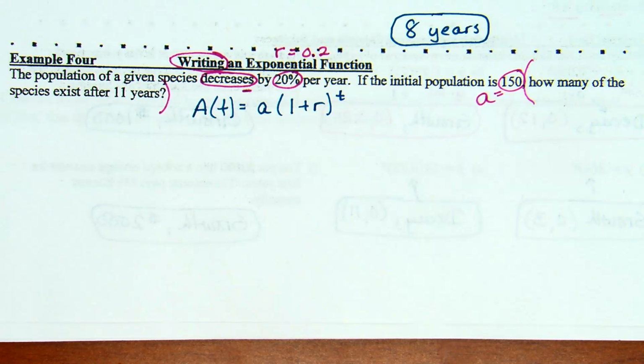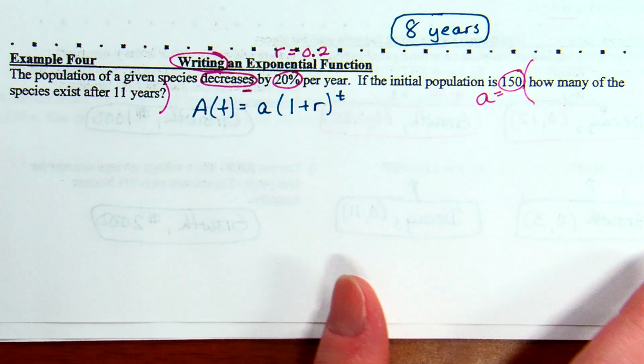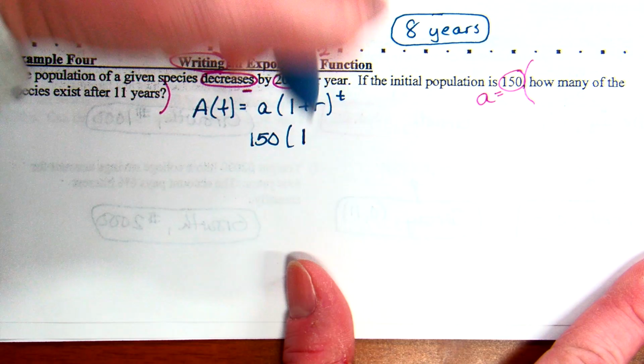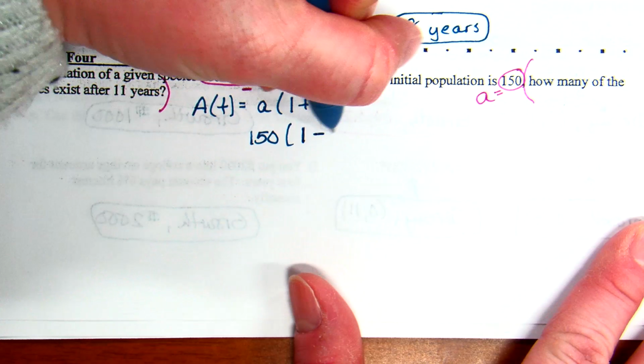But that is the key. You have to watch. We were doing all these money problems where they're earning interest, and so, of course, it's growth. This is more of a population type problem, and that's where you'll see a possible decrease. So if I'm writing an equation, initial value is 150, times 1 plus R. What am I writing for 1 plus R?